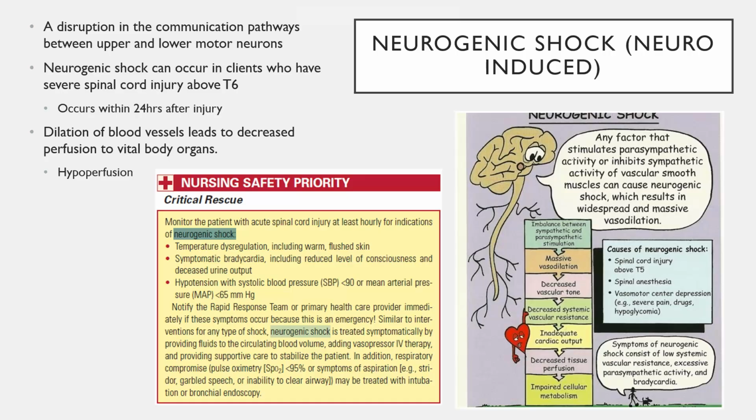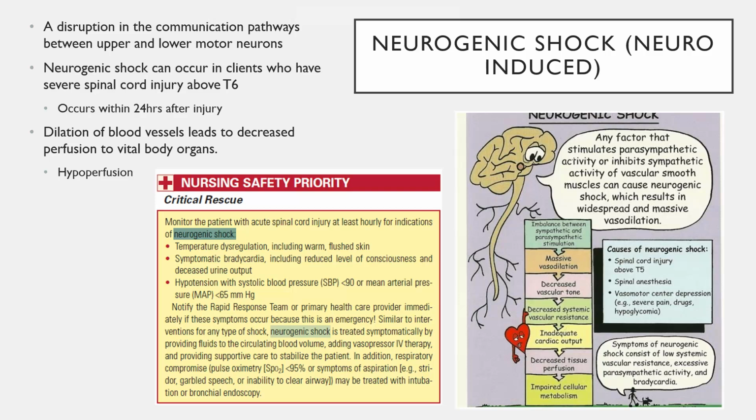Things that you will see: temperature dysregulation, including warm, flushed skin, bradycardia, decreased level of consciousness, decreased urinary output, a systolic blood pressure less than 90, a mean arterial pressure less than 60. You're going to be monitoring all their vital signs, their respiratory status, and their neuro status every hour, and calling the rapid response team immediately if you notice any changes.